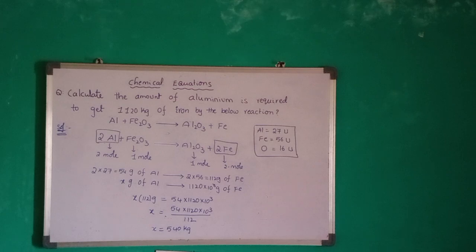After balancing the chemical equation, we have to observe the coefficients of each substance in the equation. In that equation, we can understand that 2 moles of aluminum react with 1 mole of iron oxide Fe2O3 and produce 1 mole of aluminum oxide and 2 moles of iron.